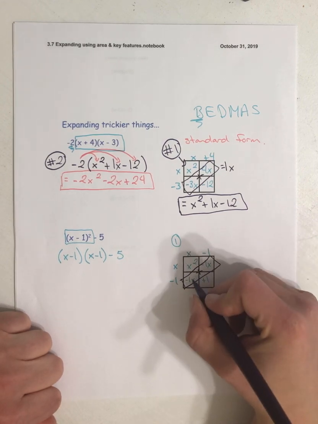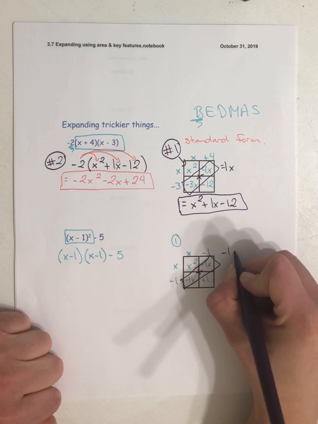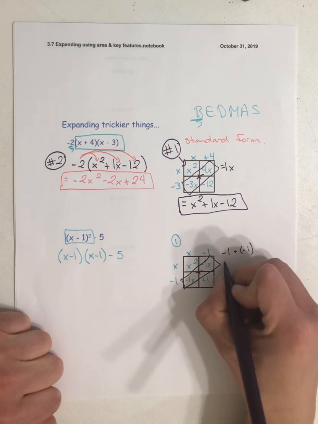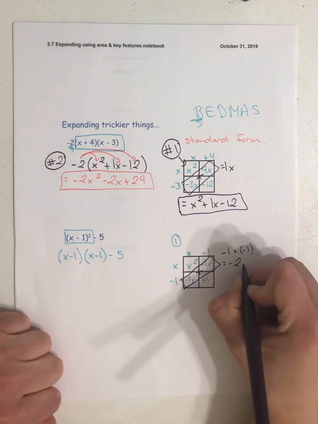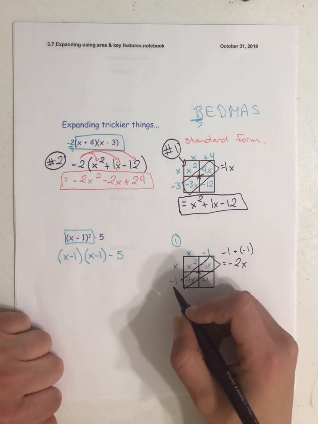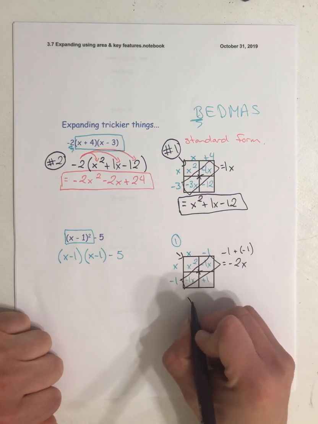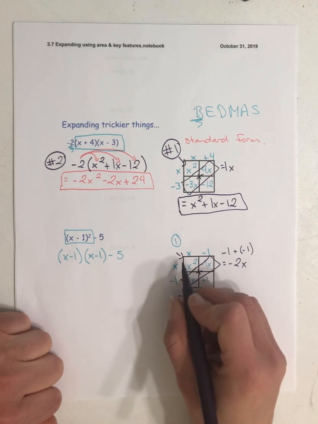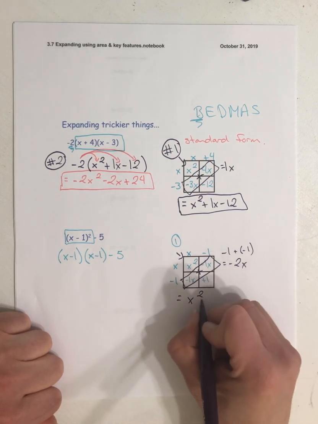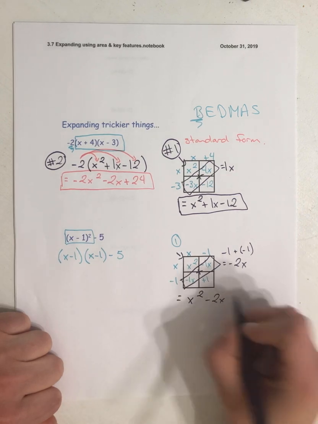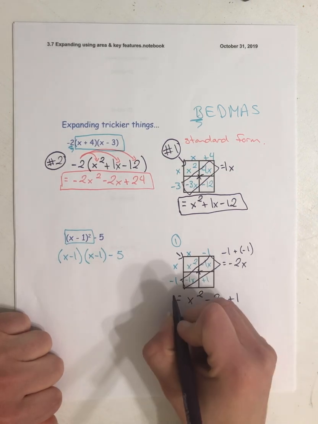So negative 1 plus negative 1 gives us negative 2x. So then we write out, going from this way, we have x squared is our first one, negative 2x is our second one, and plus 1.